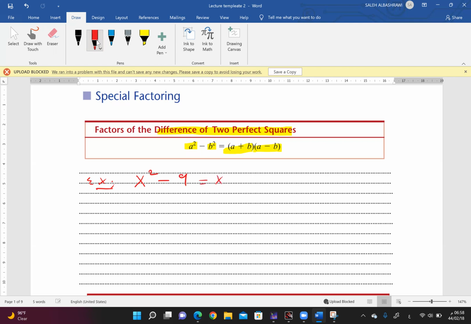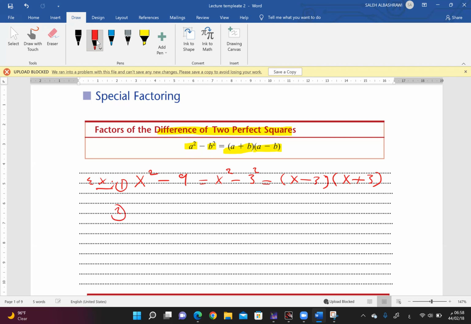The first one is x to power 2. The second one is 3 to power 2. So the difference between two squares can be factored out as x minus 3 multiplied by x plus 3. One of them is positive and the other one is negative.